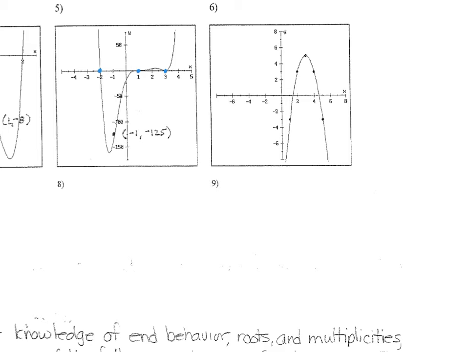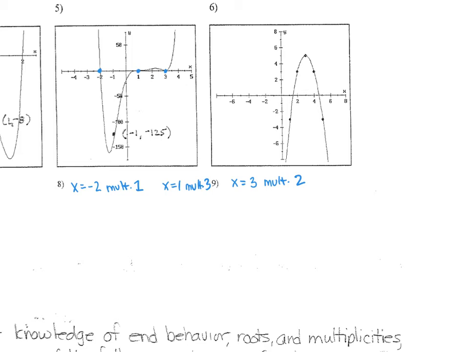So let's see, we're going to have x is equal to negative 2, and it goes straight through, so that's a multiplicity of 1. We have x is equal to 1, and this is a multiplicity of 3. We also have x is equal to 3, and this bounces off like a quadratic. So that's a multiplicity of 2.